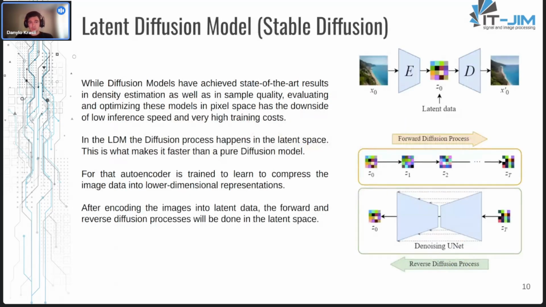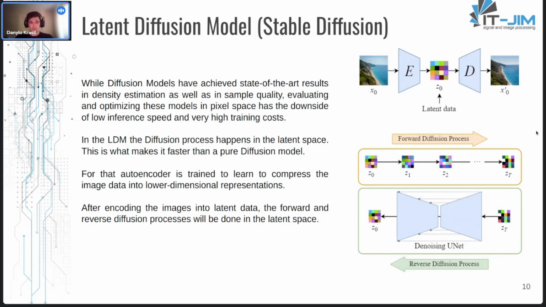So while diffusion models have achieved state-of-the-art results in density estimation as well as in sample quality, evaluating and optimizing these models in pixel space has the downside of low inference speed and very high training costs. Hereby, the Latent Diffusion Model is designed to tackle this problem. As its name points out, the diffusion process happens in the latent space, and this is what makes latent diffusion models much faster than pure diffusion models.